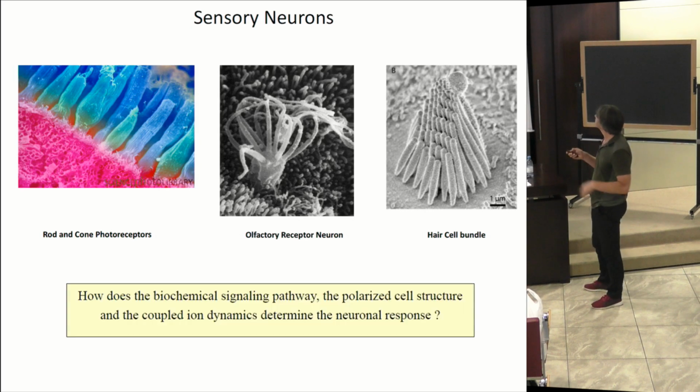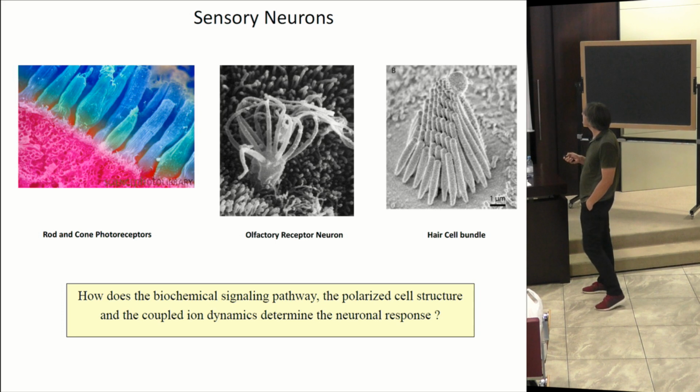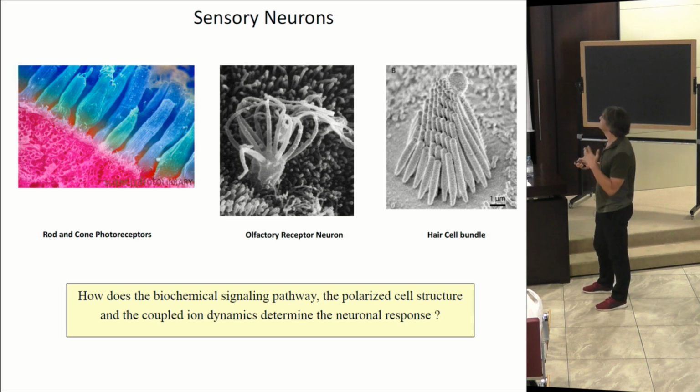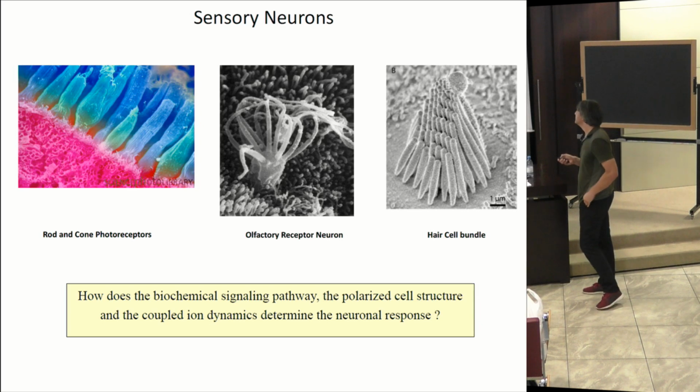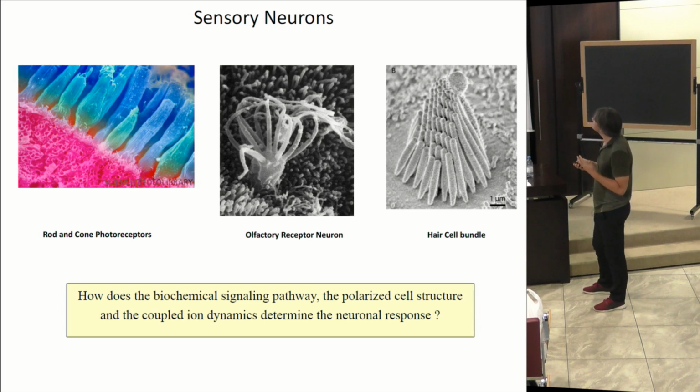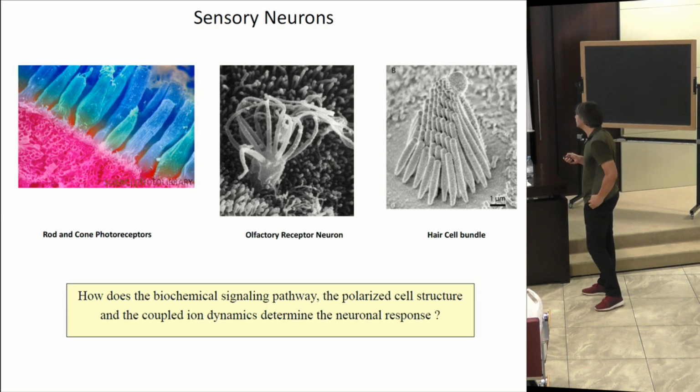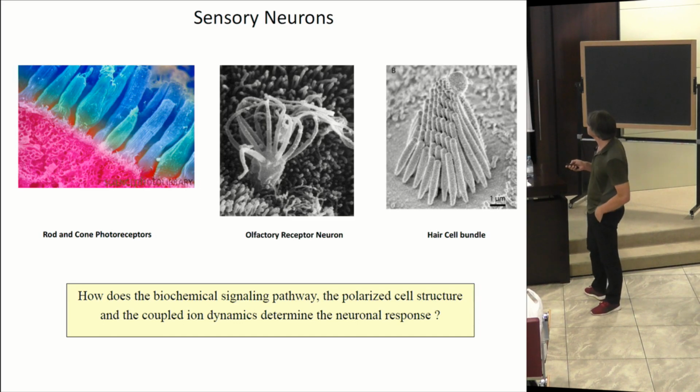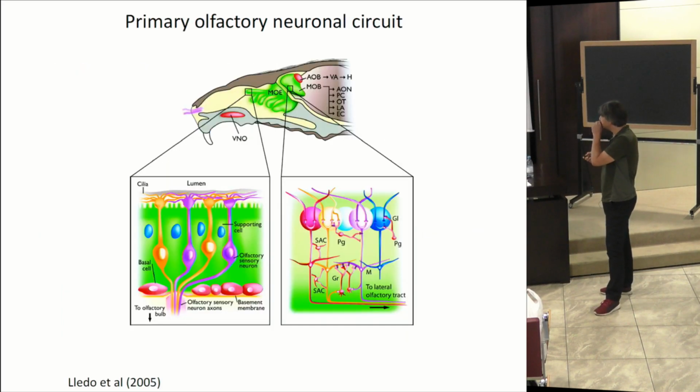They all have very different shapes, and the signaling pathway always involves different proteins. So one of the basic questions is: how do the signaling pathway, the cell structure, and the ion dynamics in these tiny structures determine the neuronal response? I analyze this in phototransduction and here in olfactory receptor neurons.